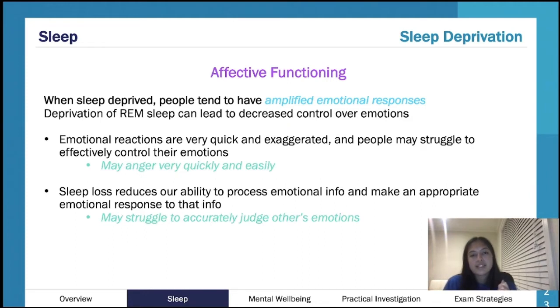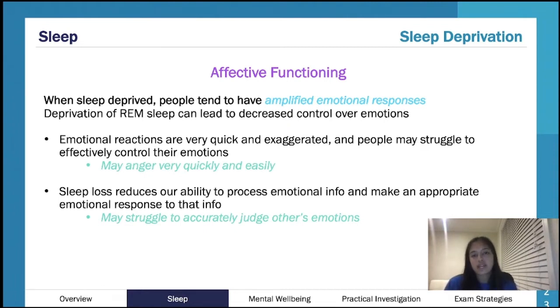But it's this idea that you could misinterpret someone else's emotions and then you respond in a way that isn't emotionally appropriate as well. So you have lots of affective effects, basically. In describing this in a question, you might say more easy to anger or more irritable, generally in a bad mood, hard to control emotions.